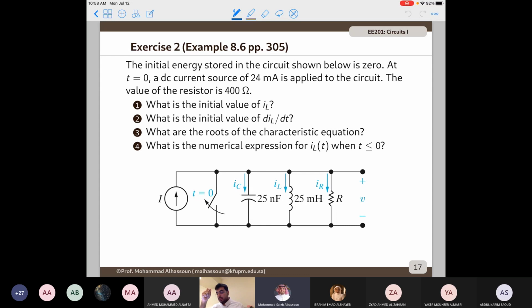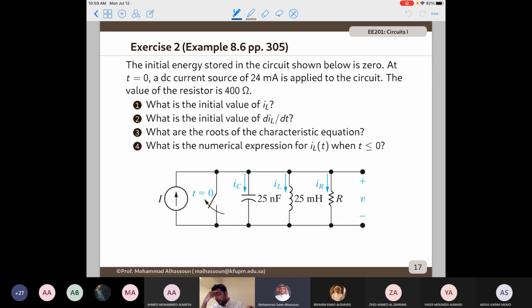Then at t equals 0, a DC current source is applied to the circuit itself. So what we are asked here is to find the initial value of the current. Talal, yes, that's exactly what we do.